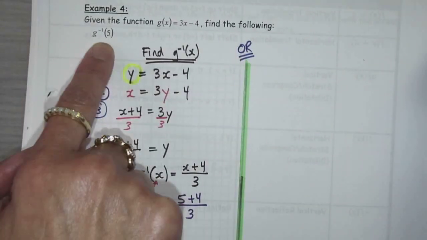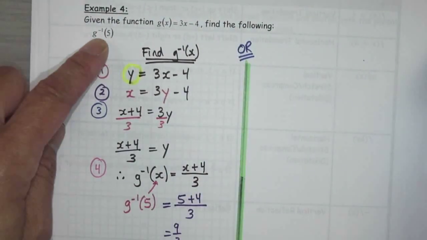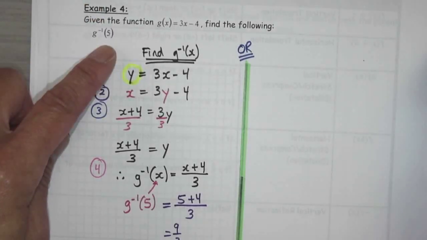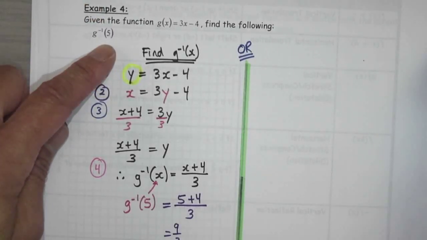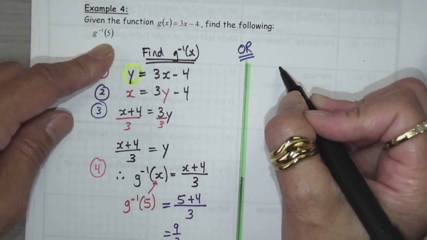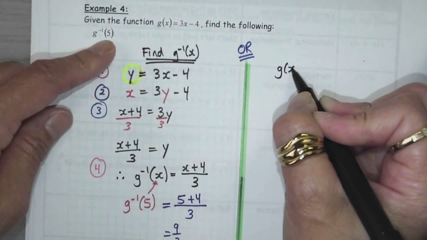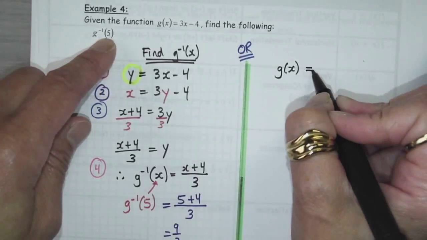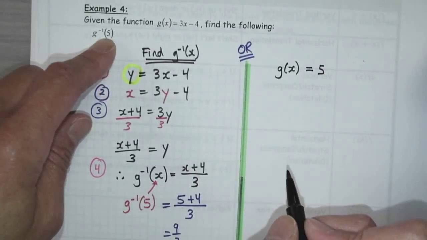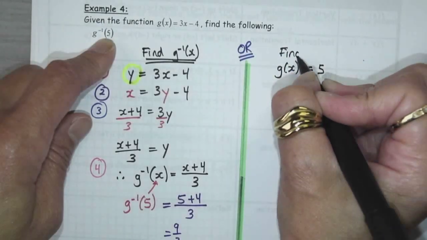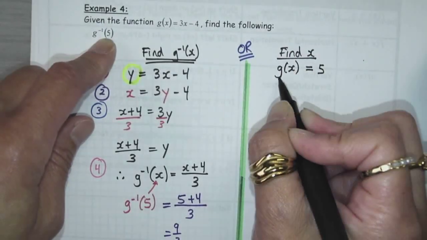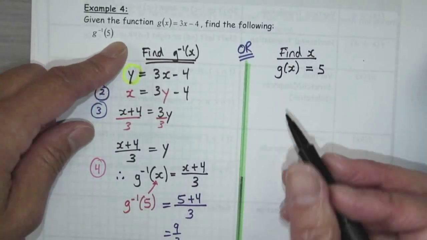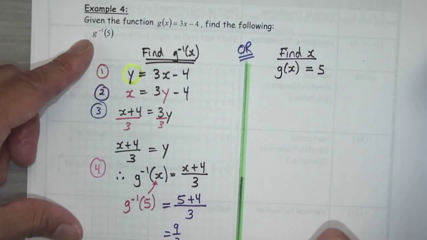So if I'm asking for the inverse when x is 5, isn't this the same thing as the regular, not the inverse, where instead y equals 5? So it's the same thing as saying find x for g at x equals 5. This is a little harder to picture, so if you're liking this, then just go with this. Okay?